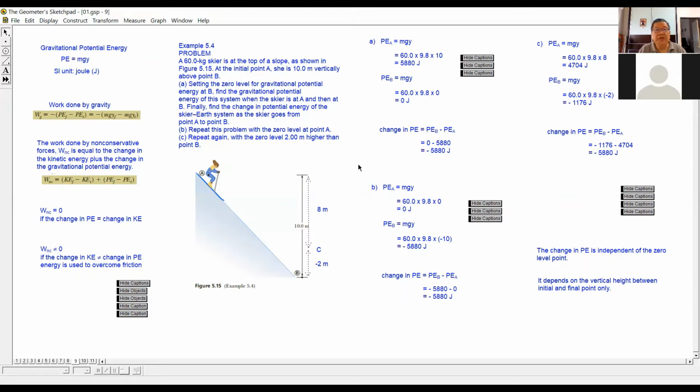It is independent of the reference point, the point that you consider to be zero potential. I will explain what they mean by the reference point, the zero potential energy, but you read example 5.4 first.